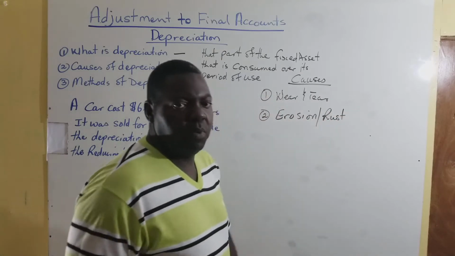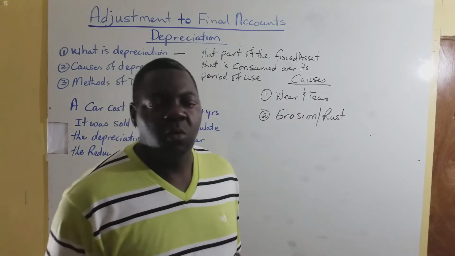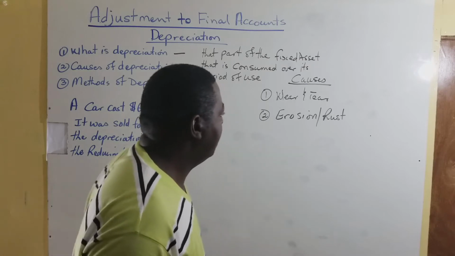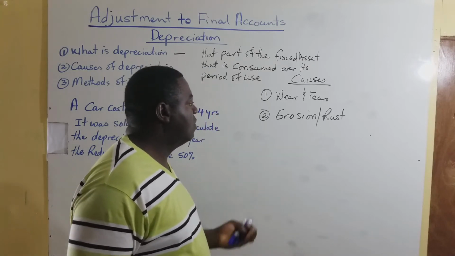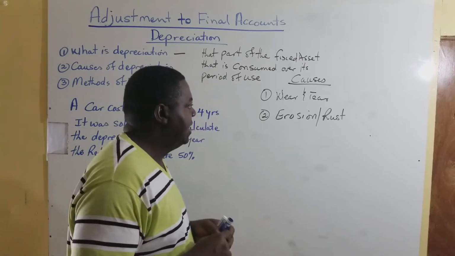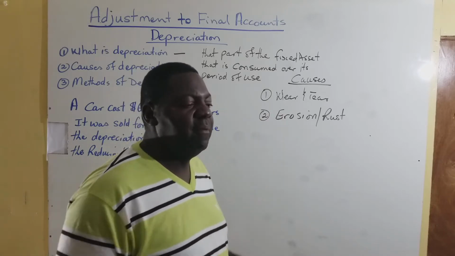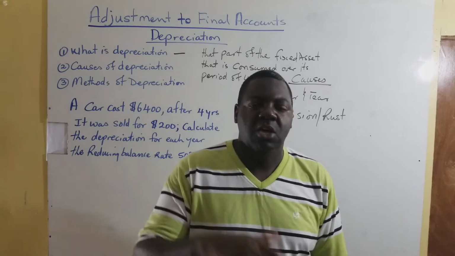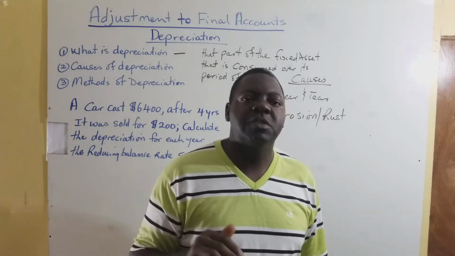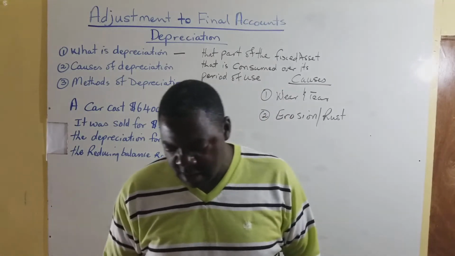When the asset is exposed to the elements, then it will rust or it will rot. All right. So these are causes that will impact on the asset to cause it to lose its original value.